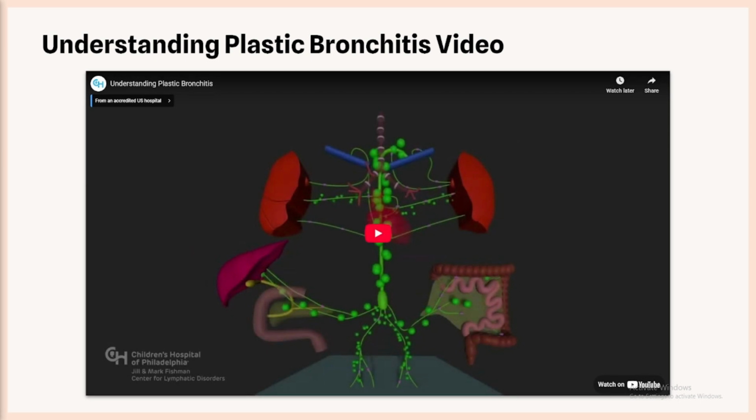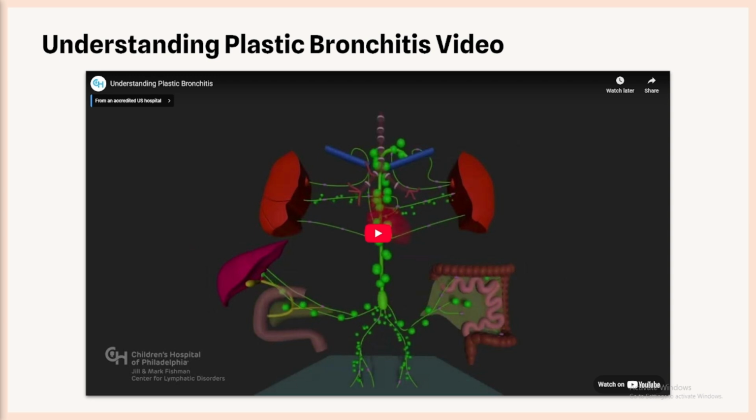All right, so a few important things to take away from that video include the mechanism by which lymph enters the airway. We can see that it is similar to the mechanism by which fluid enters the lungs in patients with congestive heart failure, which forms pulmonary edema. We see that an increase in lymph fluid in the pulmonary circulation, also known as congestion, increases the pressures within the vessels.